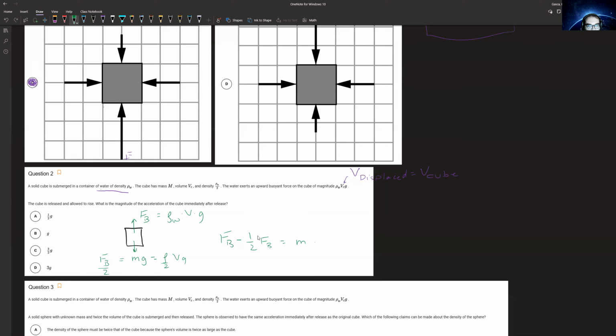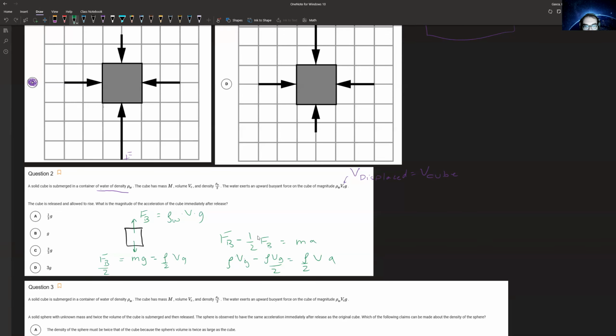That equals m times a, not mg. This is Newton's second law. Here we can write it as rho V g minus rho V g over 2, which is probably the more proper way, equals rho over 2 V a.